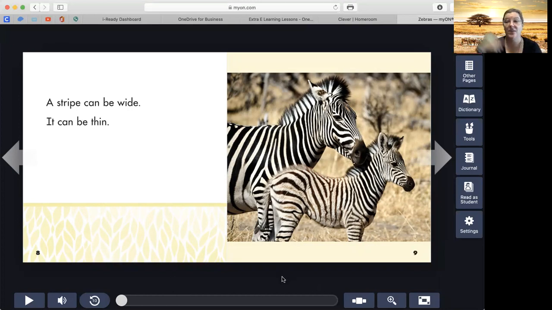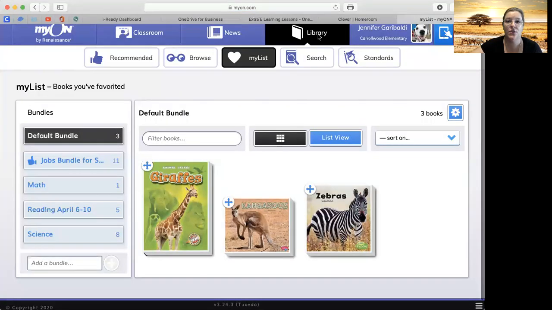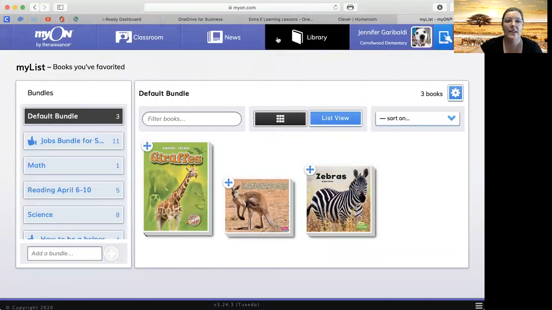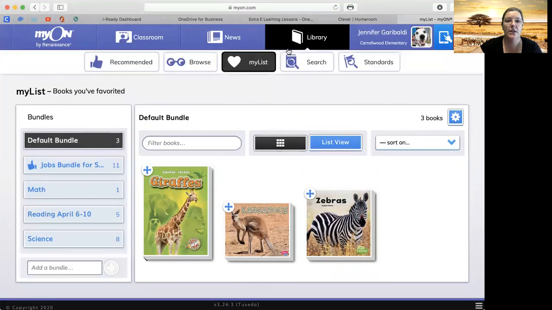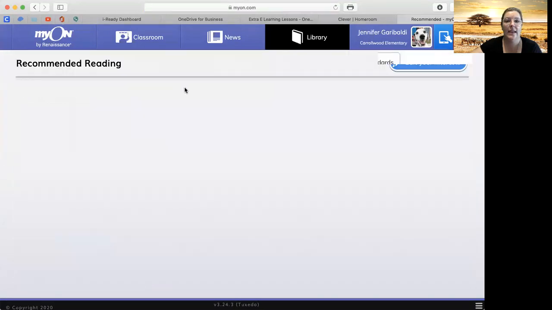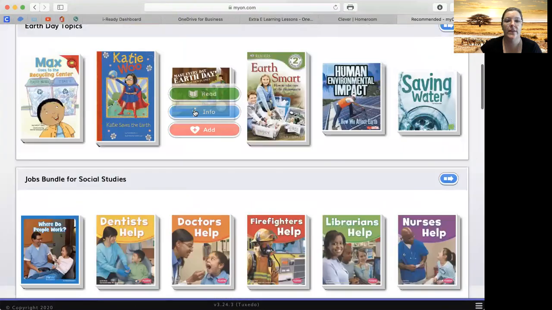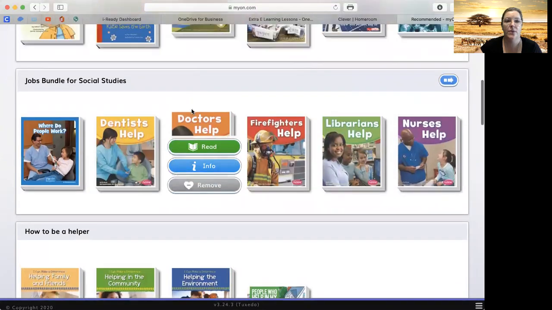If you want to go back and reread it again, you can go into Mayan. I will actually show you right now where you can go to find this book. So I'm going to exit right now and get back to my main screen, because I'm going to click up here on the book, the library, and then you will get to go to recommended, okay? And if you scroll down, you will find all of the books that I have bundled for you, okay?